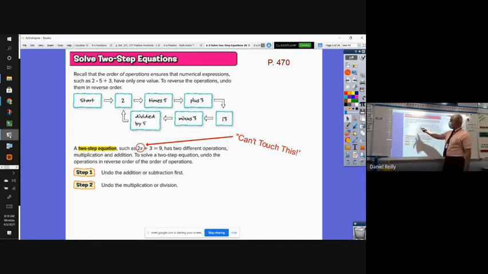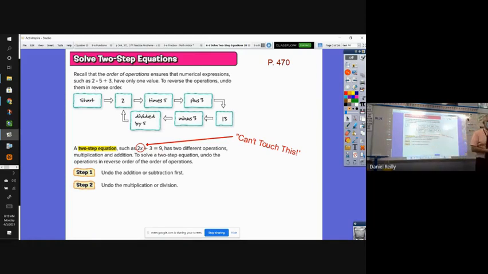So the order of operations is 2 times 5, and then plus 3. To reverse this, with an answer of 13, first I would undo the addition by subtracting 3, and then divide by 5. The inverse operations, subtract and then divide, bring us back to the starting point.